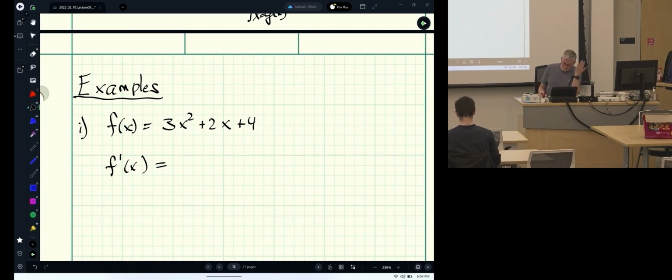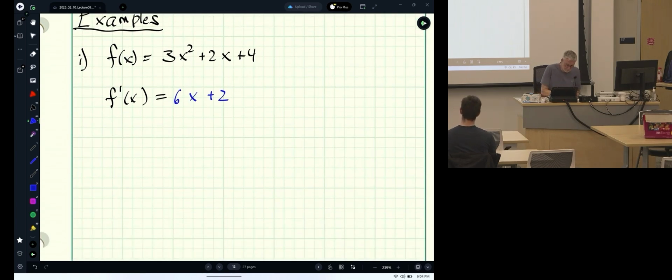The derivative of a sum is the sum of the derivatives, and it's using the power rule. So the 2 comes down, so we get 6, and then we subtract 1, that becomes 1. The 1 comes down, we subtract 1, that becomes 0, so the 2, and then this derivative is 0. So we get 6x plus 2. Almost too easy.